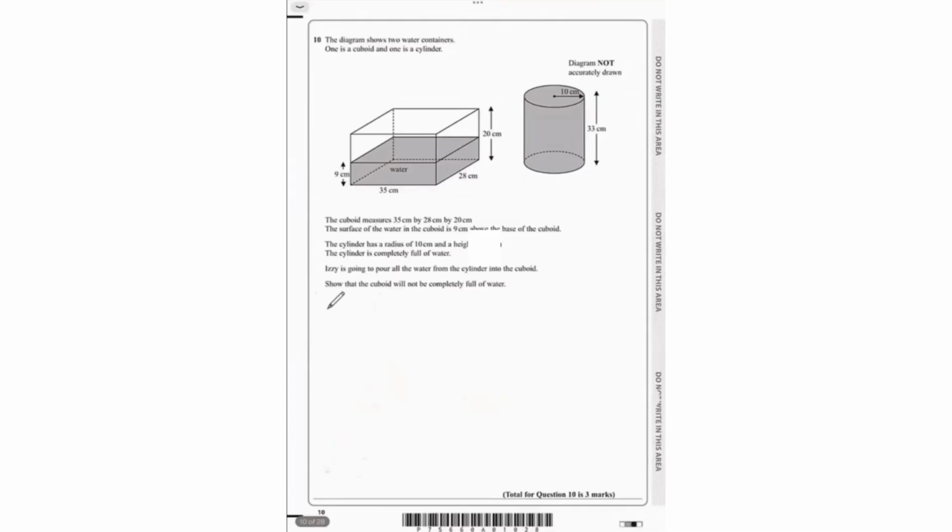So very simple. We find the volume of the cylinder first, which is going to be the volume of the water in the cylinder as well, since it's completely full. So pi times 10 squared times 33. That's going to give us 10,367.25 centimeters cubed.